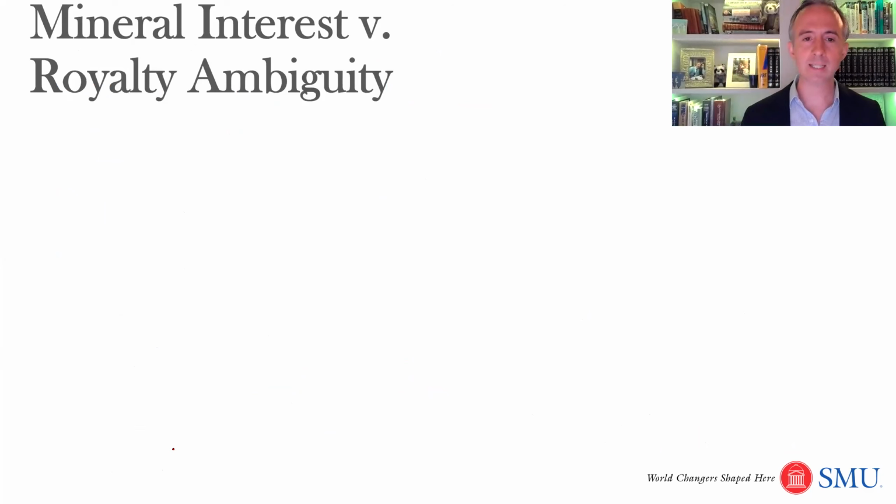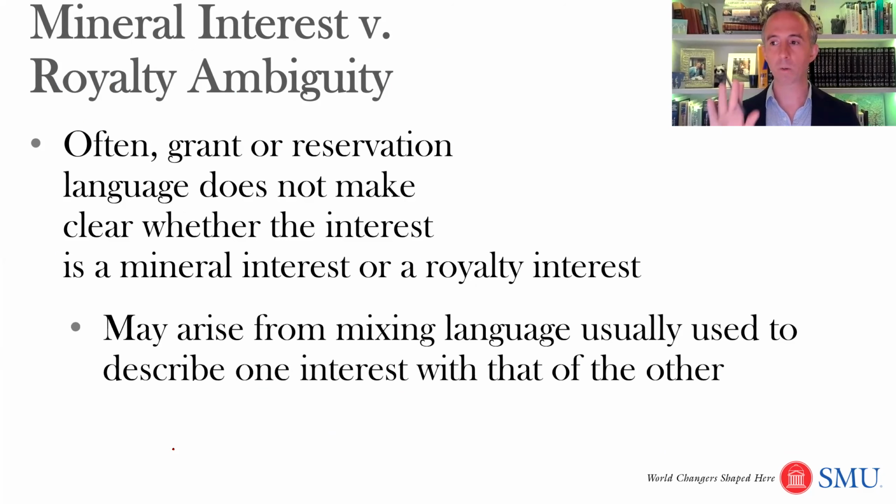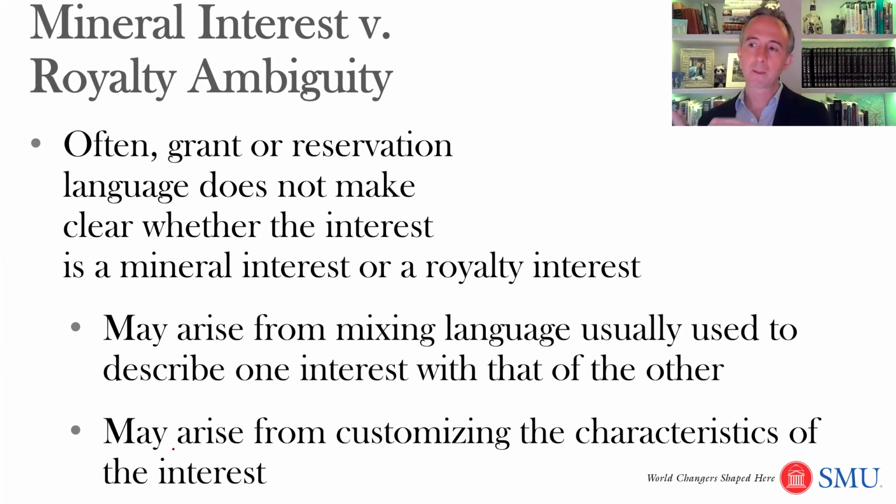So in Texas, let's look at some of the reasons that there is ambiguity sometimes if it's a mineral interest versus a royalty. One of the common reasons is that the grant or reservation language just doesn't make clear whether it's a mineral interest or a royalty interest. And often this happens because it mixes language used to describe one interest with that of the other, or it starts customizing and says, well, it's a royalty interest, which is just the right to receive a percentage of oil, but we're going to add some other rights.